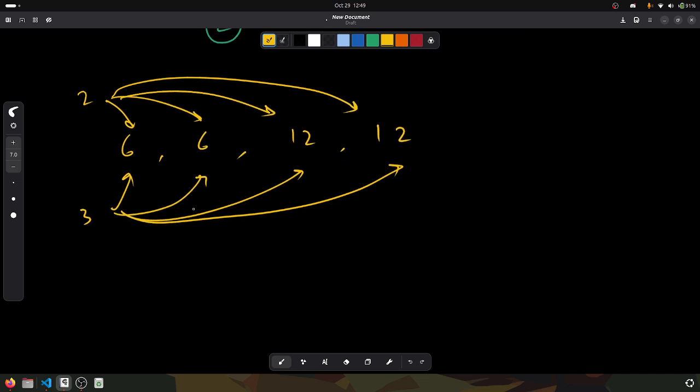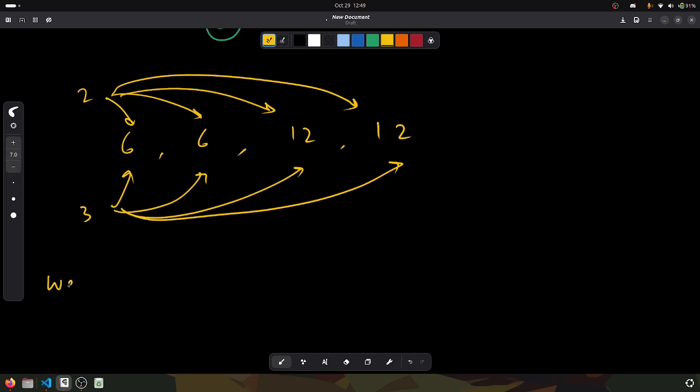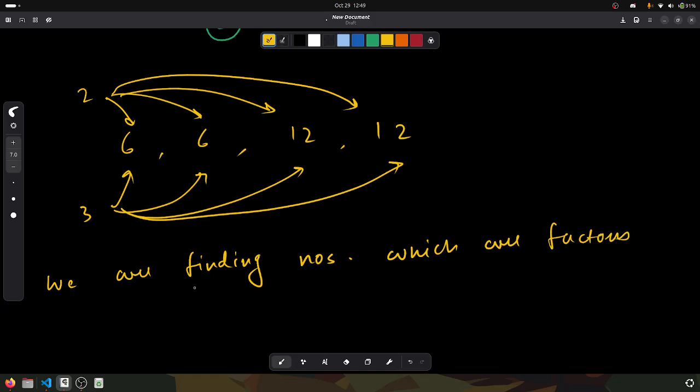So basically what we are doing here is finding numbers which are factors of all the numbers. 2 and 3 were factors of all the numbers, and the next prime number 5 was not a factor, so 5 was the answer. If we know which prime numbers are factors, we will just take the next prime number and that will be the answer.